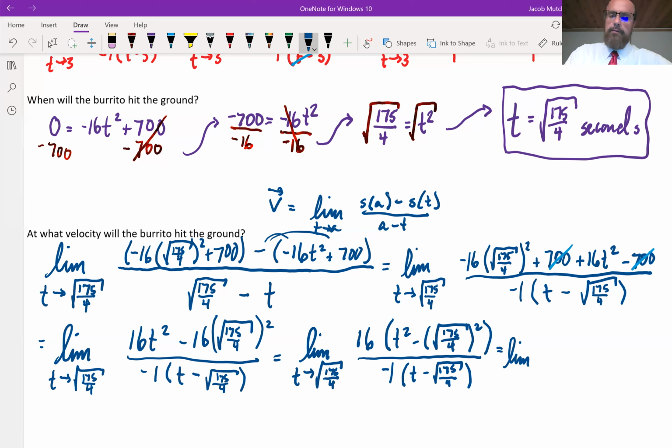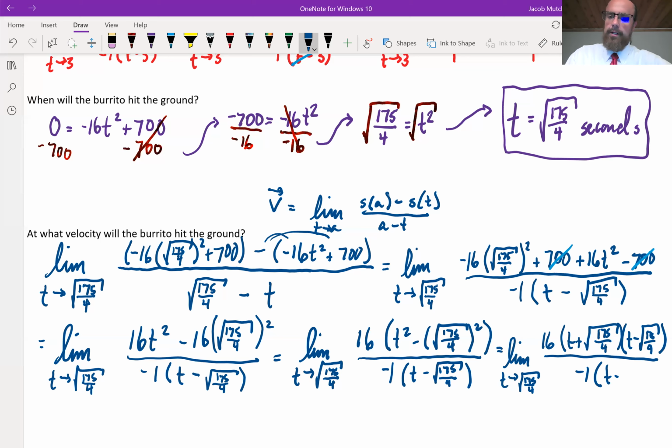Let's factor the difference of two squares from the numerator. So the way that'll look is as 16 times t plus the square root 175 over 4, and the other factor, t minus square root 175 over 4, all over negative 1 times that same factor.